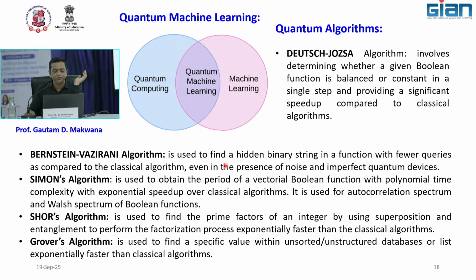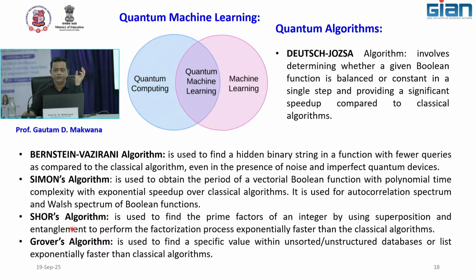In the same way, the Bernstein-Vazirani algorithm is used to find a hidden binary string in a function with fewer queries as compared to the classical algorithm, even in the presence of noise and imperfect quantum devices. Simon's algorithm is used to obtain the period of a vectorial Boolean function with polynomial time complexity, with an exponential speed up over the classical algorithm, and it is used for the autocorrelation spectrum and the Walsh spectrum of the Boolean function.